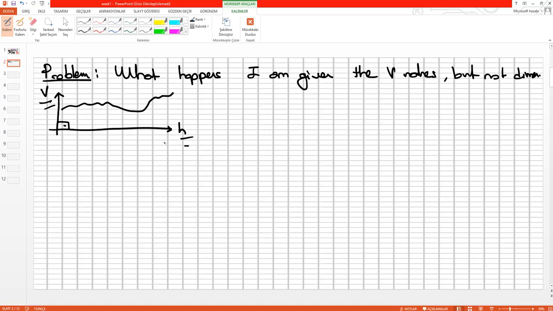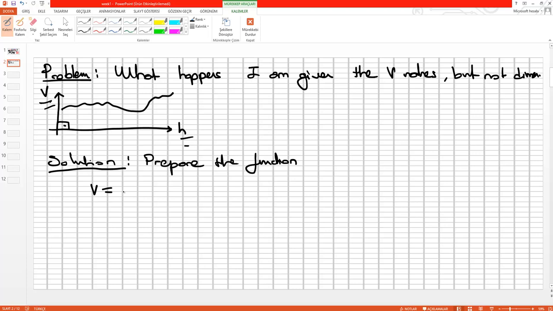So if we don't have any information in here, just remember that solution. We can prepare the function, just like this one.